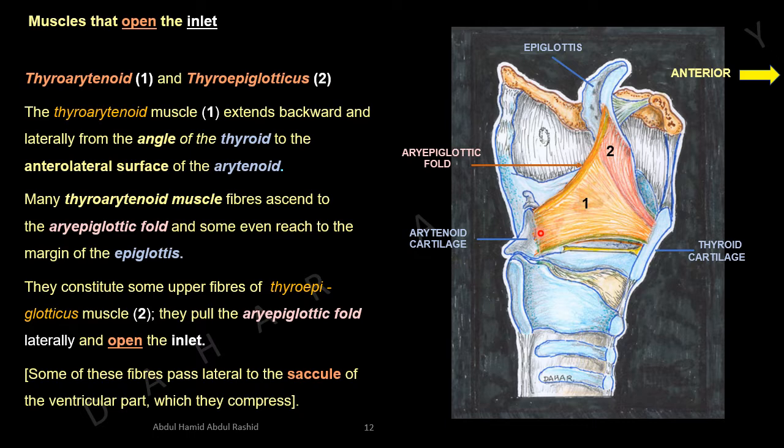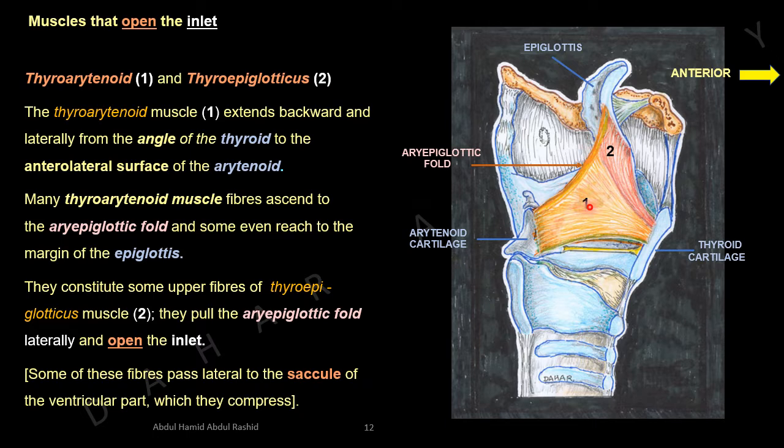Many thyroarytenoid muscle fibers ascend to the aryepiglottic folds, and some even reach the margins of the epiglottis. They constitute some upper fibers of thyroepiglotticus muscles, which also reach up to here, that is number 2.